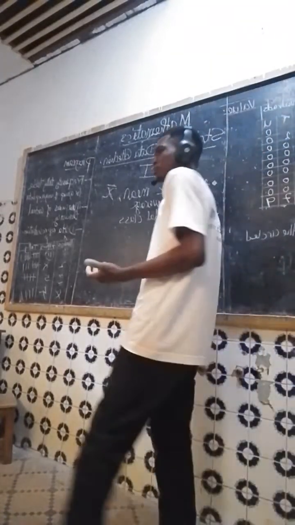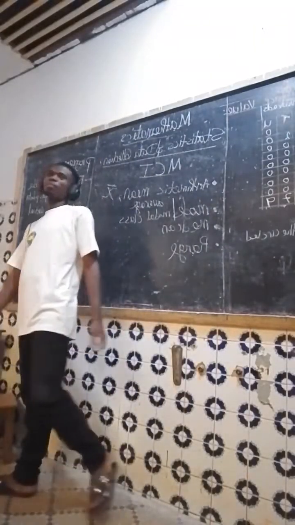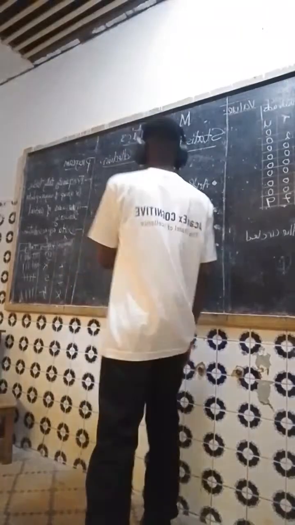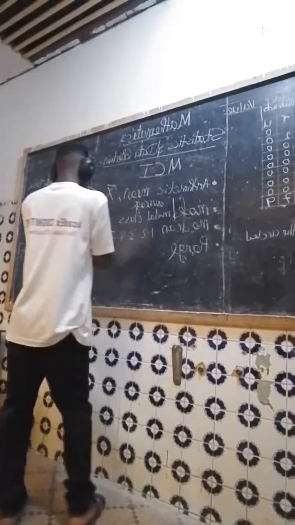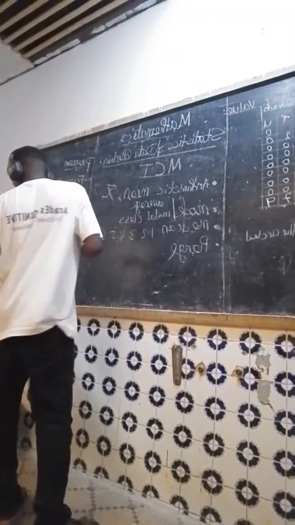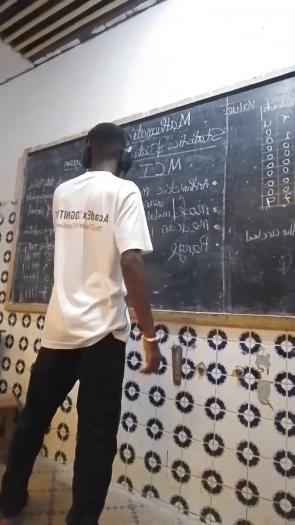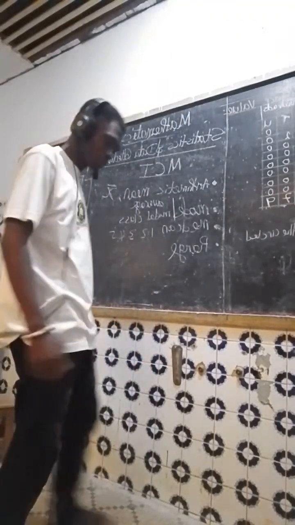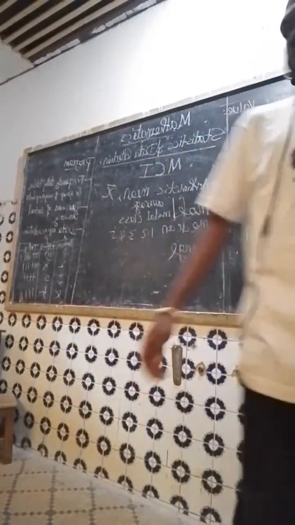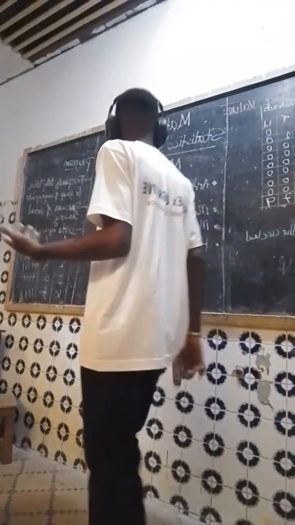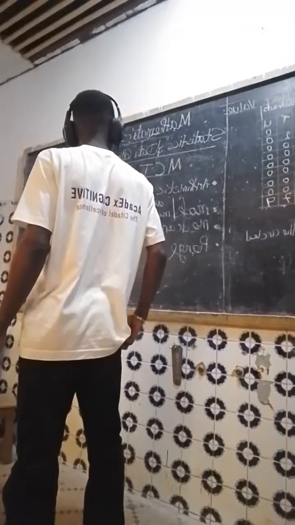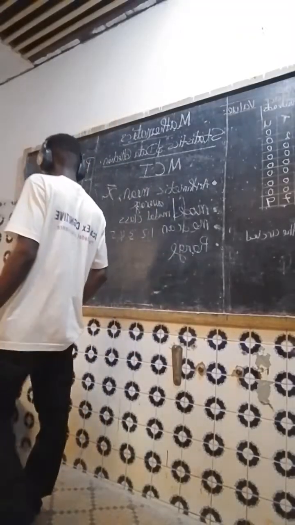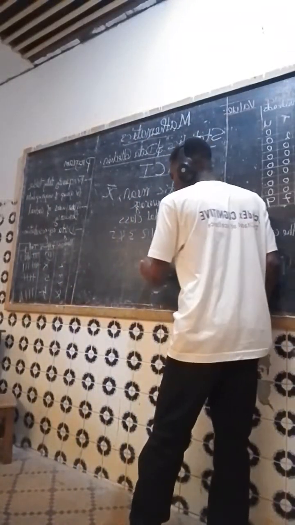Let me just give you a table of 5. This is how you do it.